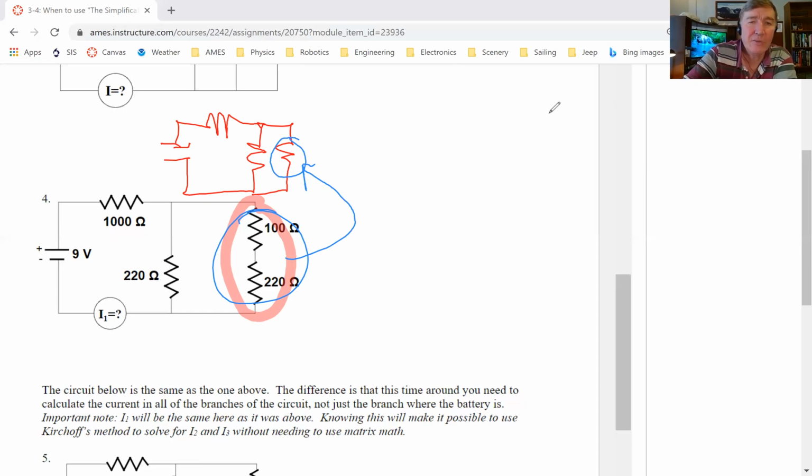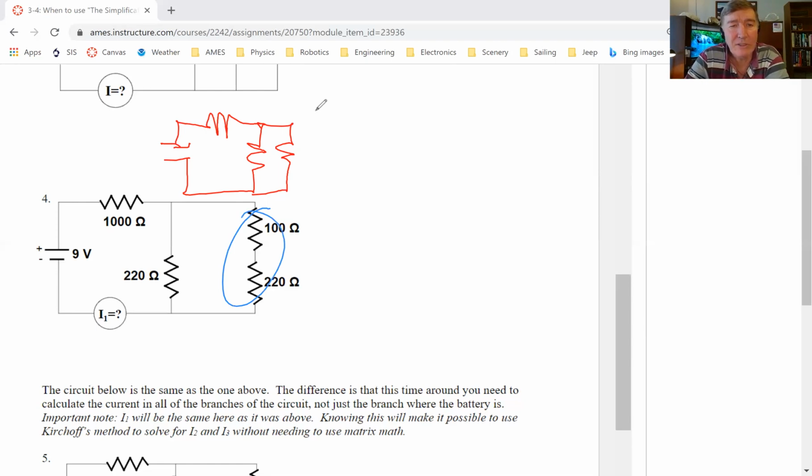Let me suggest that we start with that. Okay, if we're interested in these 2 resistors right here, are they connected in series or in parallel? Series. Okay, series. All right, I like that.